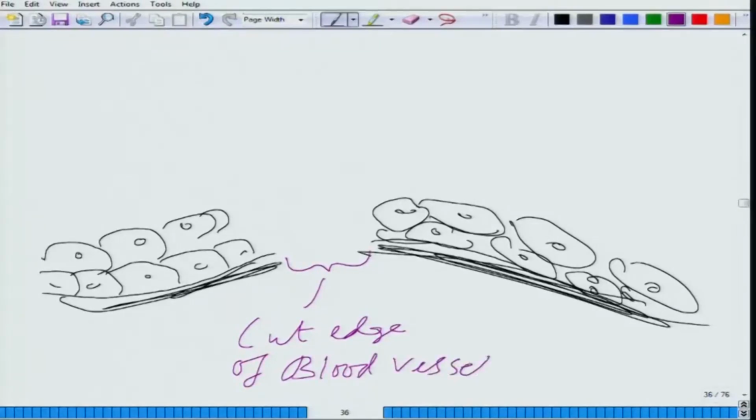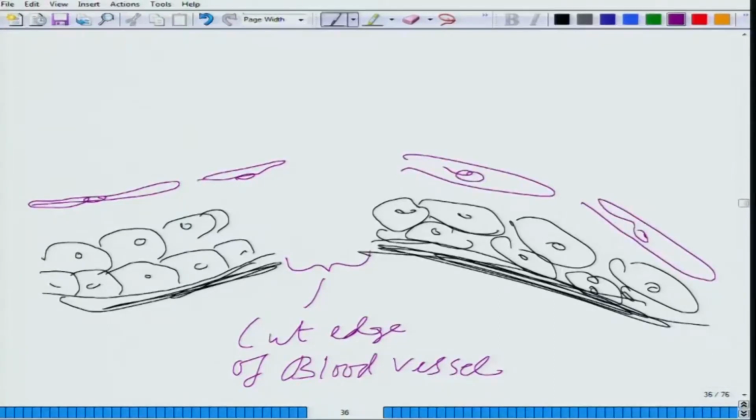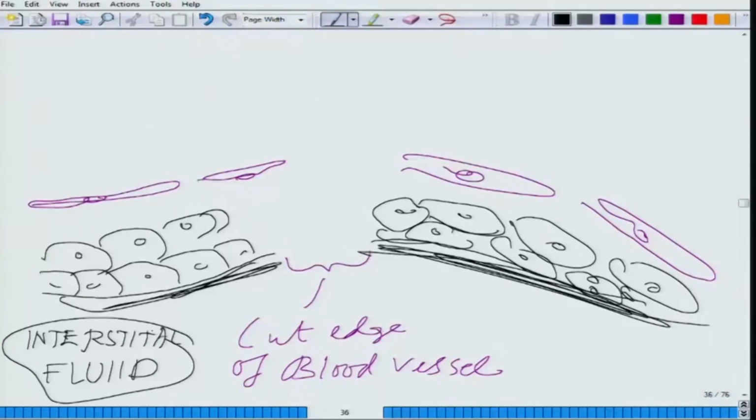Here you have the upper part of the blood vessel, and here, let me pick up another color, the endothelial cells out here likewise. Here you have the interstitial fluid on this side, and these are endothelins, and this is what essentially happens.